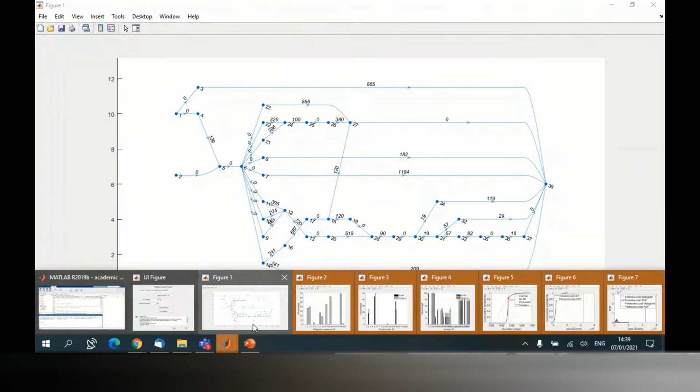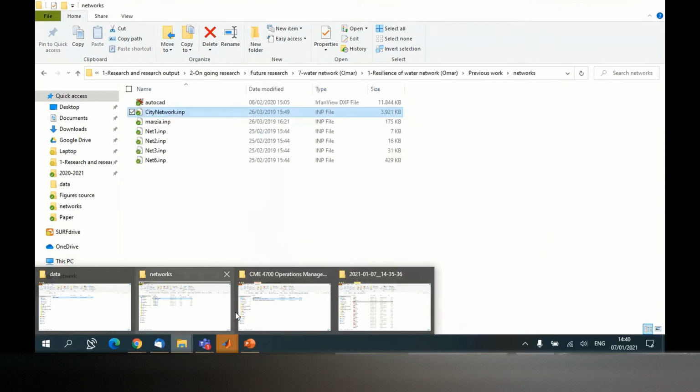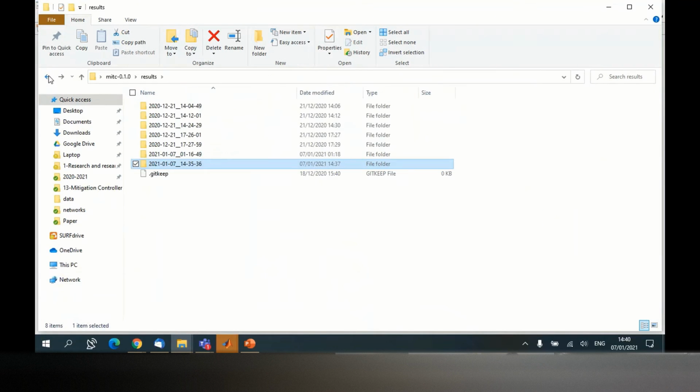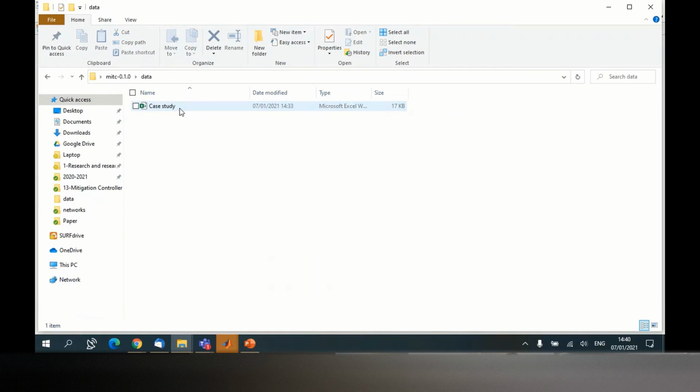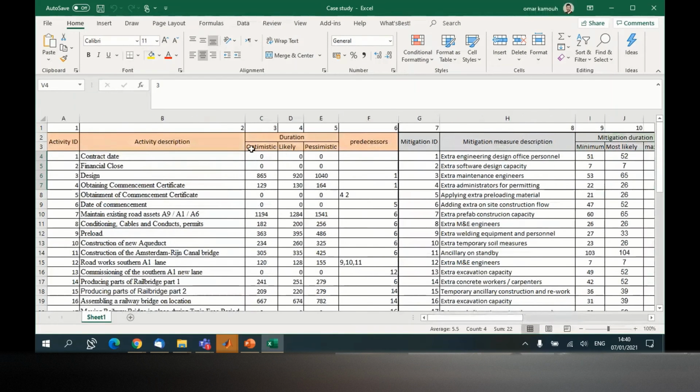I have one question. What does the 0 in a link mean? That's the duration of activity number 1. The duration of activity number 1 is 0. If I go back and show you the data, as I said, in my example here we have some activities that have a duration of 0, which means they are already executed, so they don't have a duration, but I still wish to include them in my network.